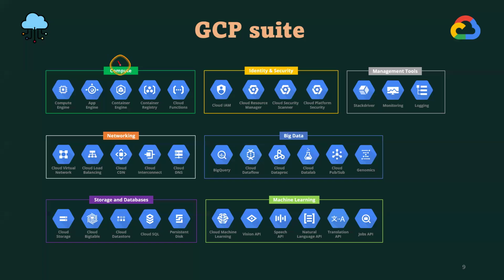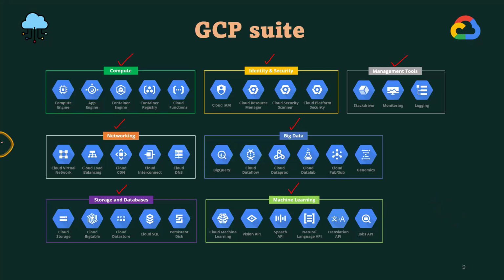It provides you compute services, identity and security services, management tools, networking services, big data services, storage and database services, machine learning services. So this is how Google Cloud Platform provides a wide range and category of services.